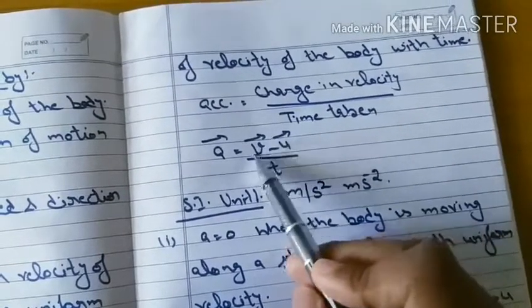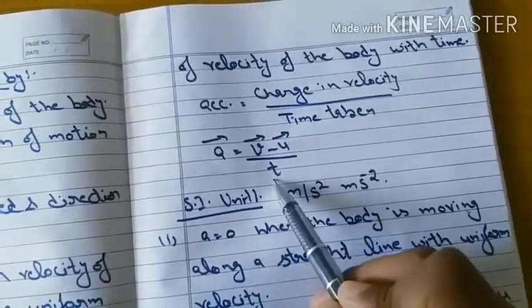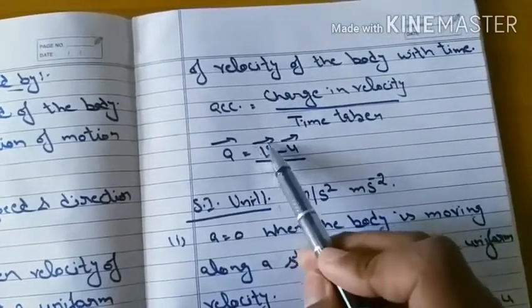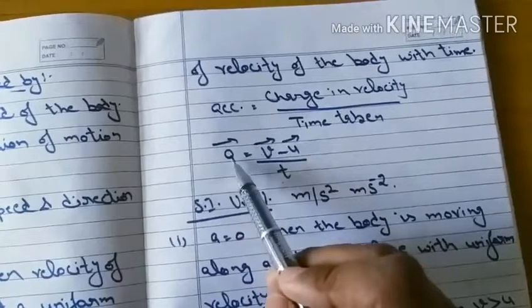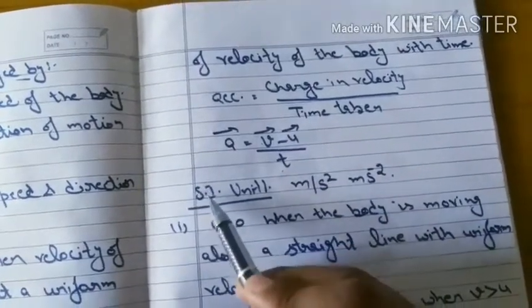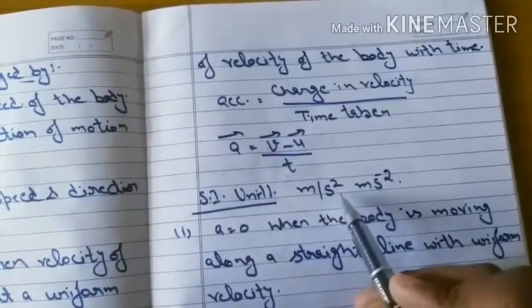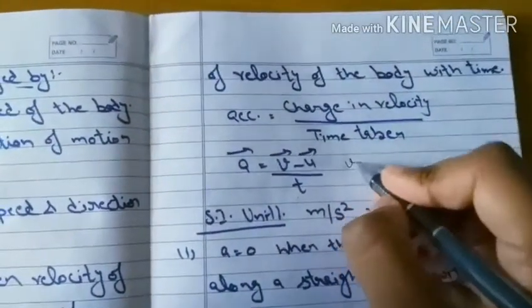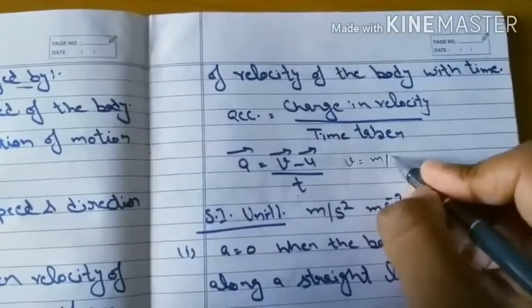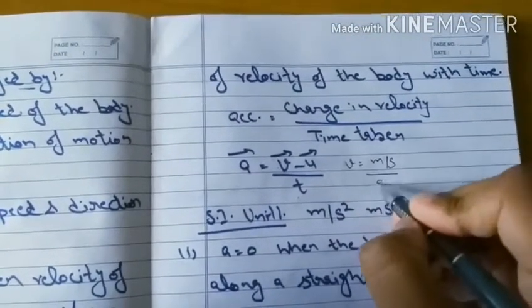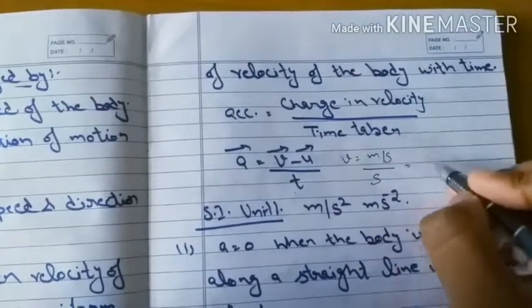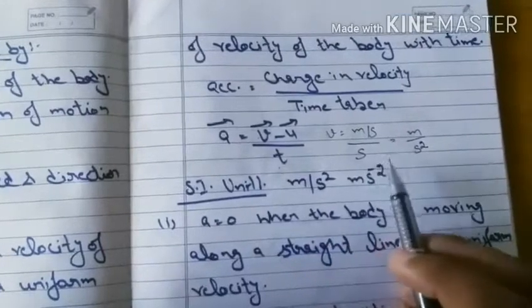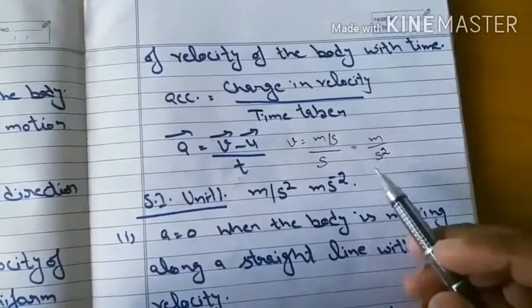So this term is the change in velocity upon time taken, and we all know that velocity is a vector quantity, and that's why acceleration is also a vector quantity, and the SI unit for acceleration is meter per second square. Because the SI unit for velocity is meter per second and upon time, that is second, it will be equal to meter per second square. So in that way, SI unit for acceleration is meter per second square.